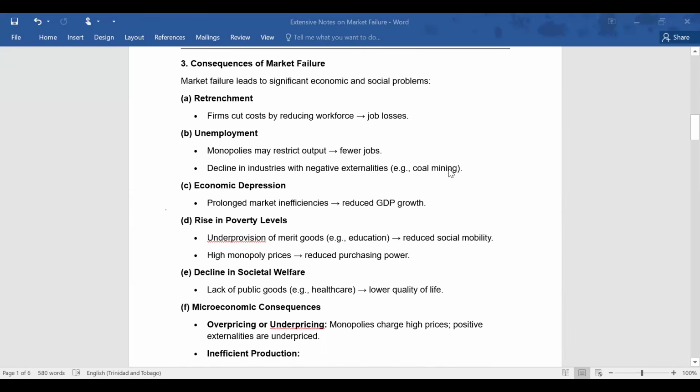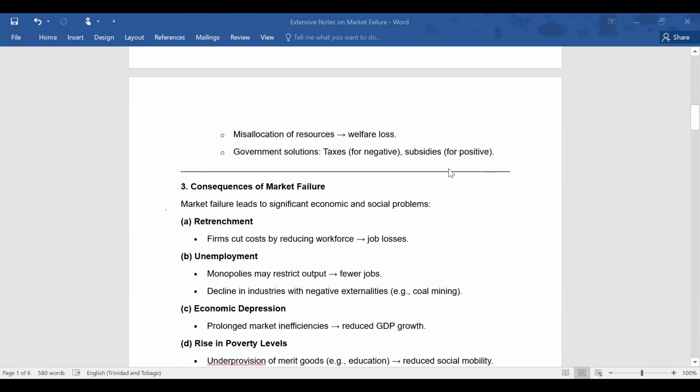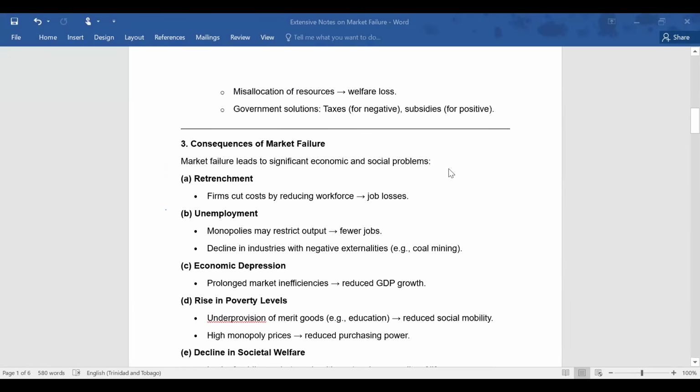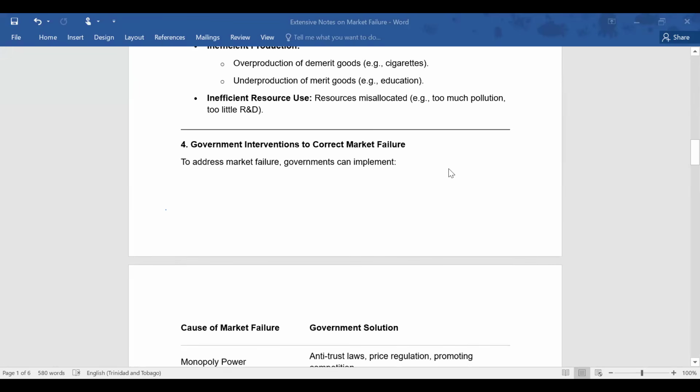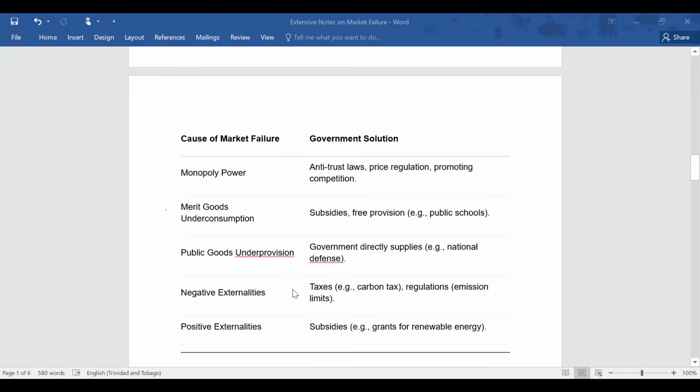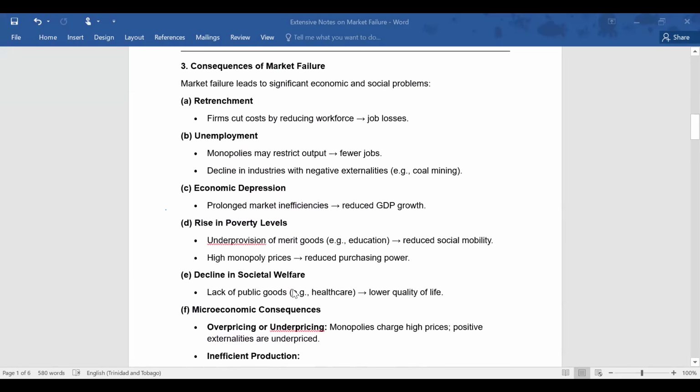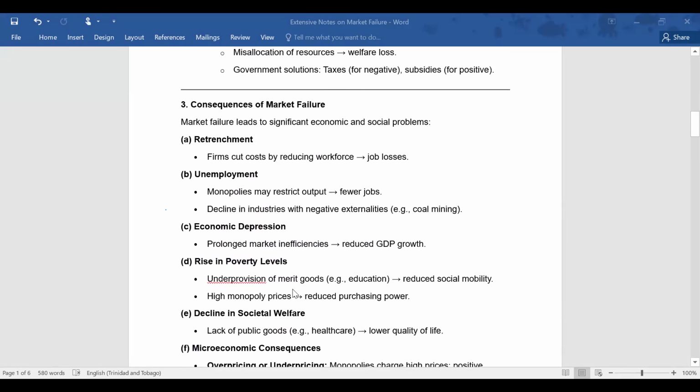Let's look at some of the consequences of these market failures. I didn't go through the government intervention set because I want to go through it separately, right? So let's look at the consequences.